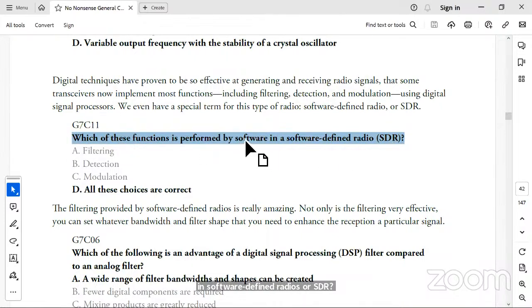Or what's the power of using software in SDR? First of all, filtering. Secondly, detection. Thirdly, modulation. And the answer would be all these are correct, because all choices, filtering, detection, modulation, are functions that software in software-defined radio performs.